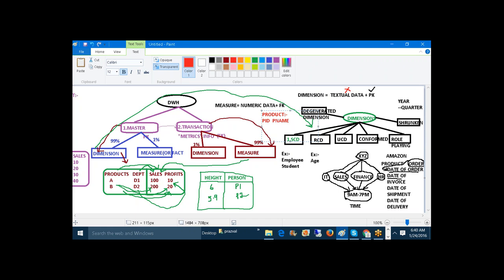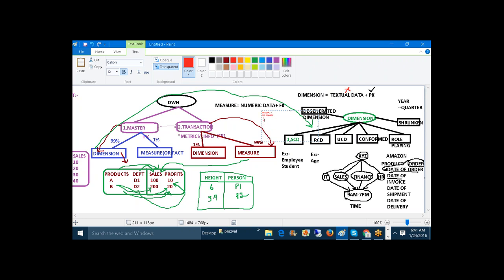Let's say I have information like 1, 2, 3 without any product names, so here the names are empty. So if the dimension contains only the primary keys without any textual data, then such a kind of dimension is known as the degenerated dimension.